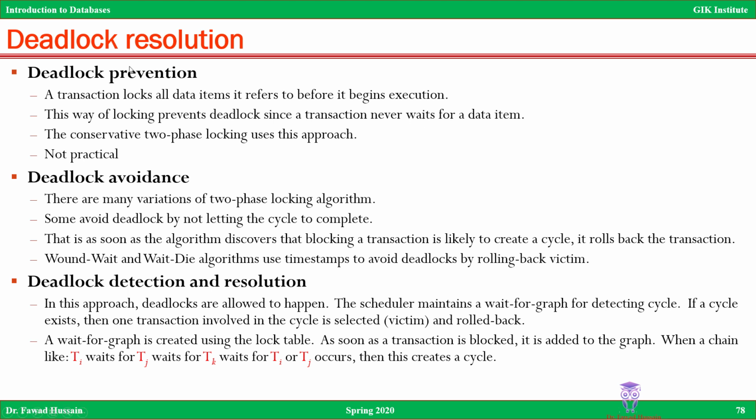So first is the deadlock prevention, then the deadlock avoidance. The avoidance is there are many variations of the two-phase locking protocol. Some avoid deadlock by not letting a cycle happen. So as soon as you see a cycle, you can break it. This is as soon as the algorithm discovers that blocking a transaction is likely to create a cycle, it rolls back the transaction. So you keep incrementally acquiring the locks.